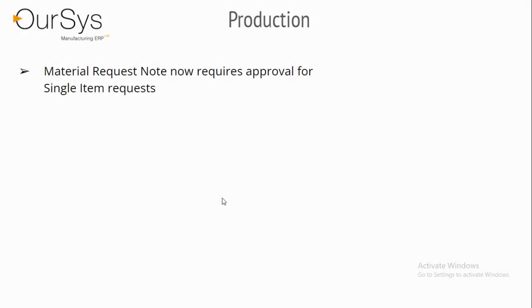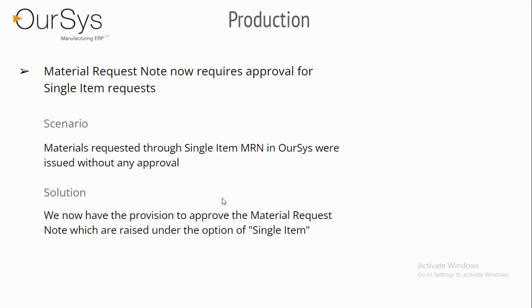Material request note now requires approval for single item requests. We have introduced a setting and an approval level at the MRN screen. In some cases there are materials which are very highly priced, so they cannot be directly requested from the store person.